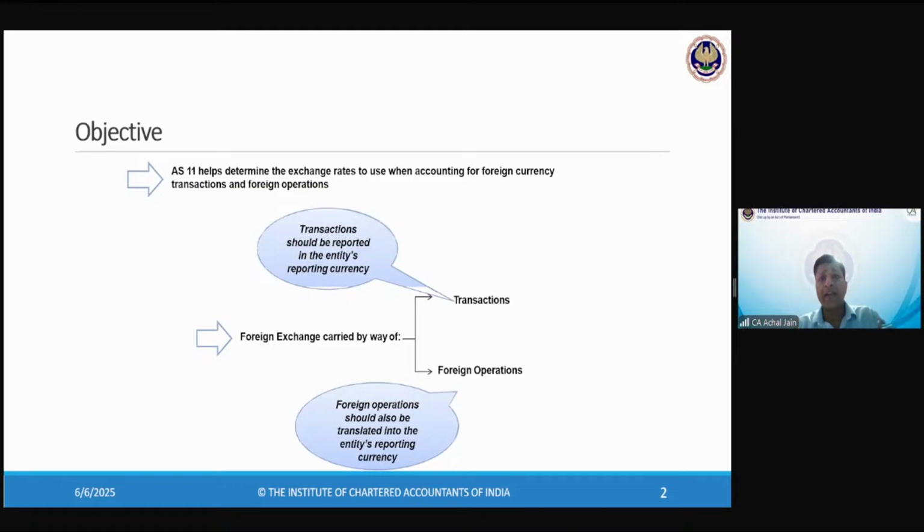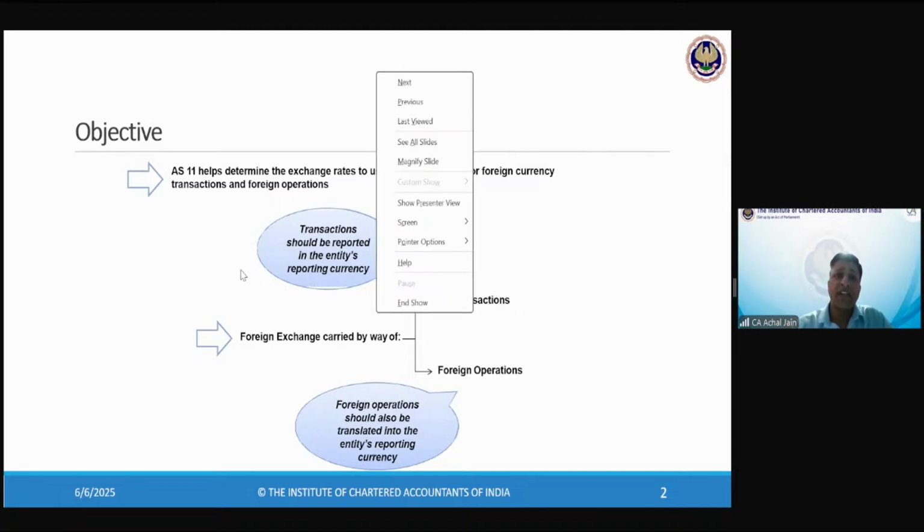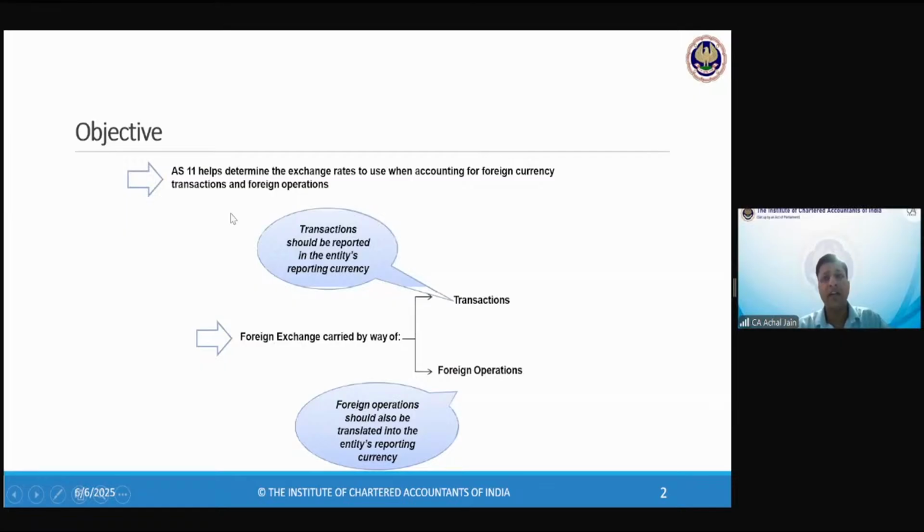Further, in respect of foreign currency denominated monetary assets or monetary liabilities, you restate them, and when you restate them, you will use the rate of the date when you restate them, which is called the balance sheet date or the reporting date. And when you restate them, if there is any gain or loss due to this restatement, where do you take it? It goes to P&L.